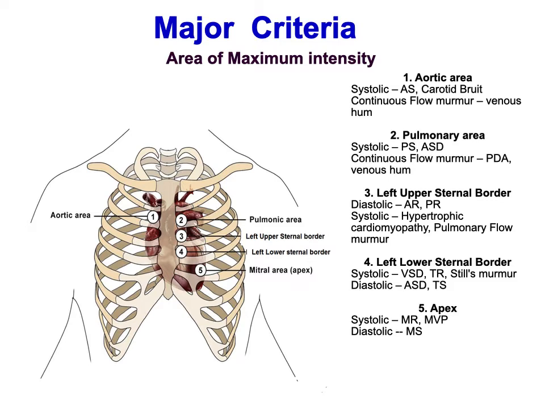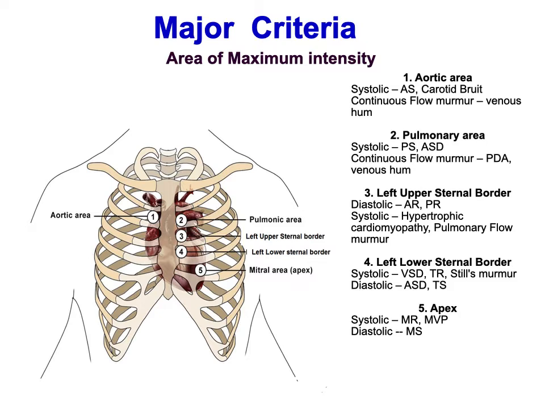In the left upper sternal border, called the neo-aortic area by some clinicians, in the diastole, aortic and pulmonary regurgitation murmurs are more prominently heard. Among the systolic murmurs, hypertrophic cardiomyopathy and pulmonary flow murmurs are more prominent there.